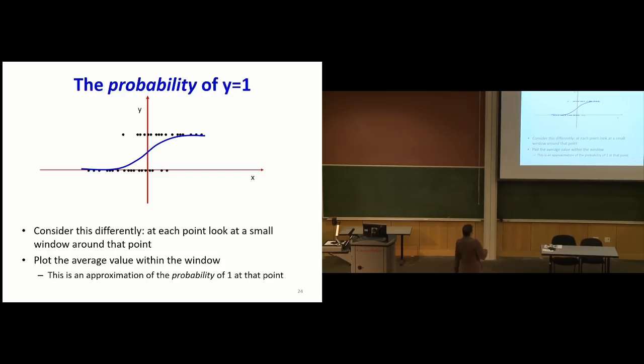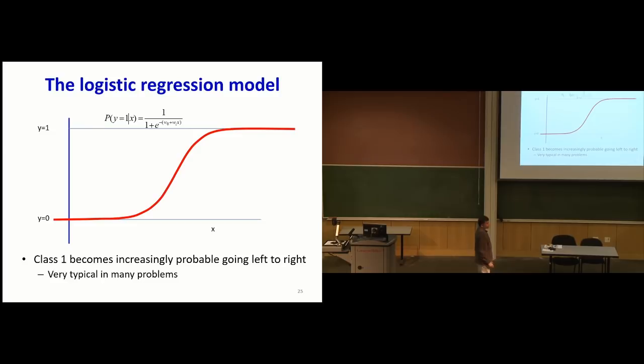And this function looks very familiar. That's your sigmoid, right? It turns out that in problems like these, the sigmoid is actually a very good guess for what the a posteriori probability must look like as a function of x.